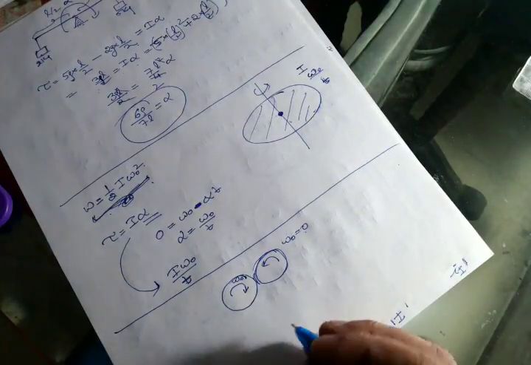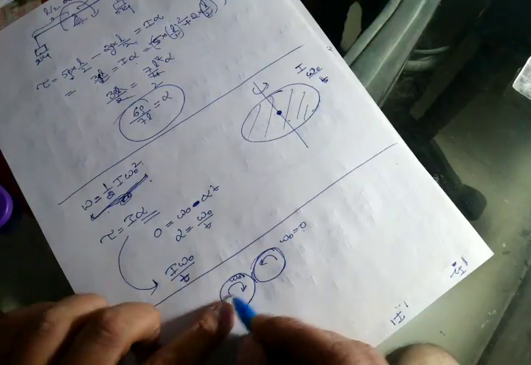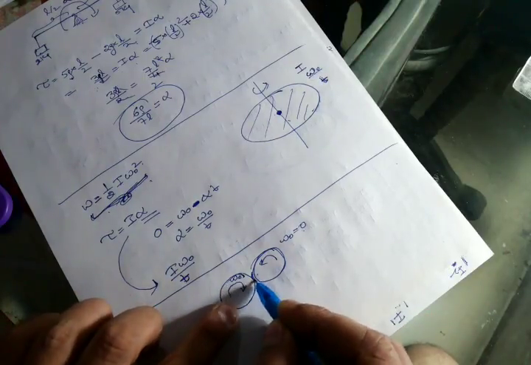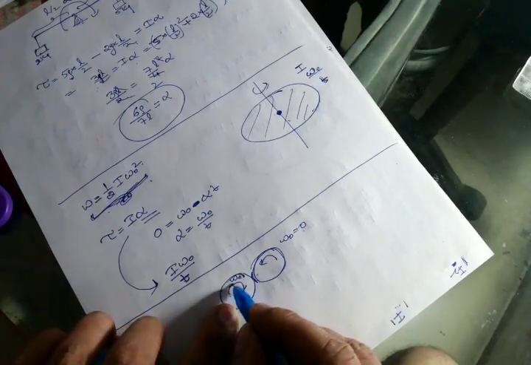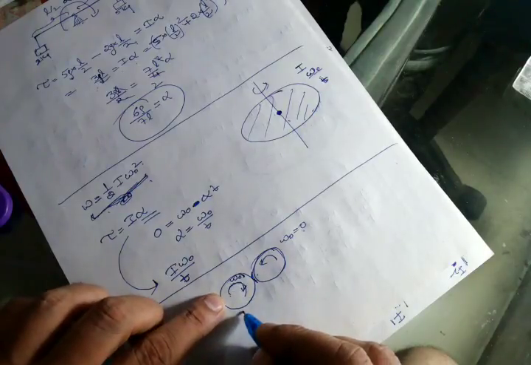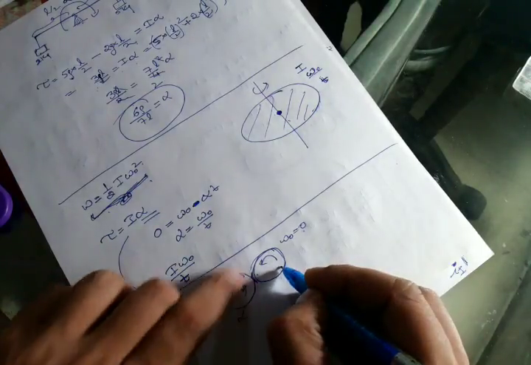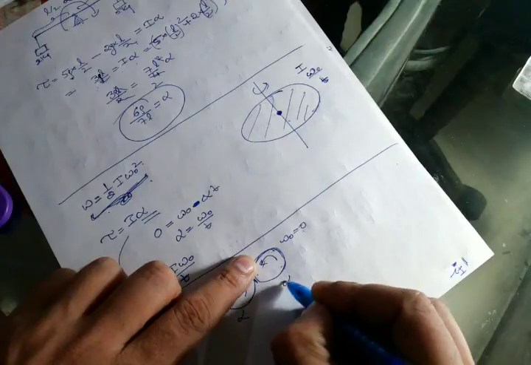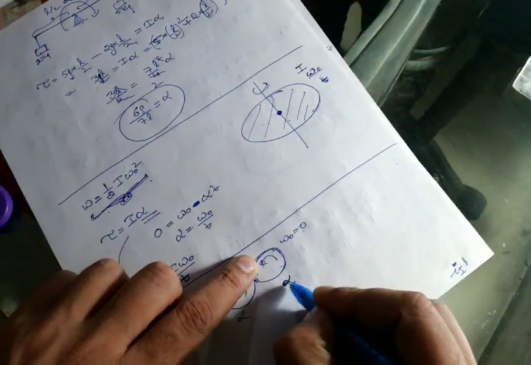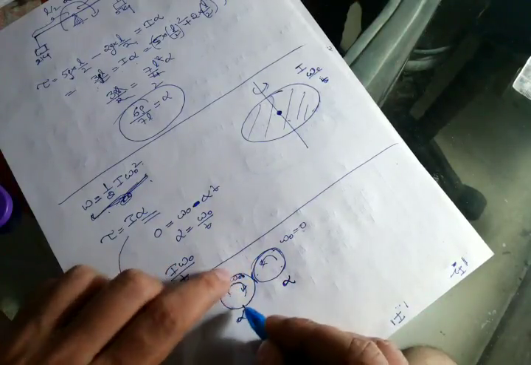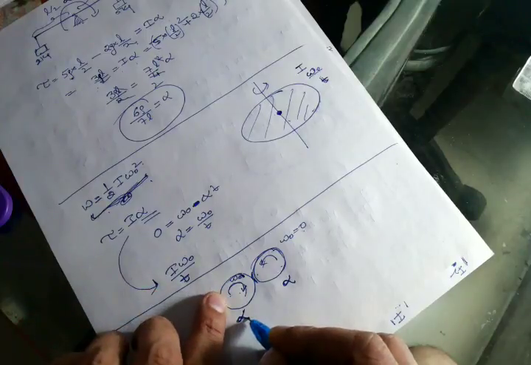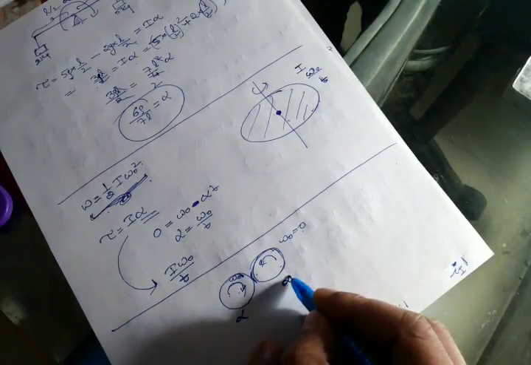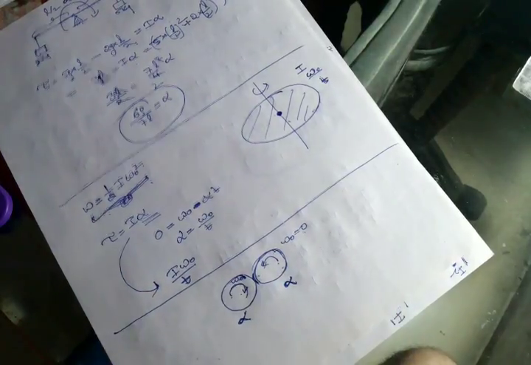So I want to find out the time t when it will come in contact with this cylinder. This cylinder will start decelerating and this will start accelerating with the angular acceleration alpha. For this alpha is the deceleration, and for the other alpha acts as an acceleration.